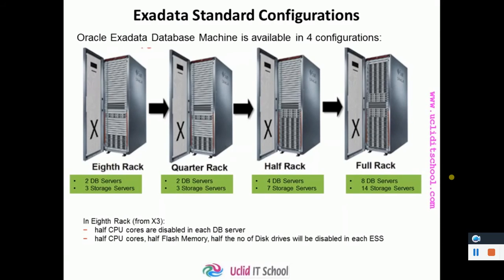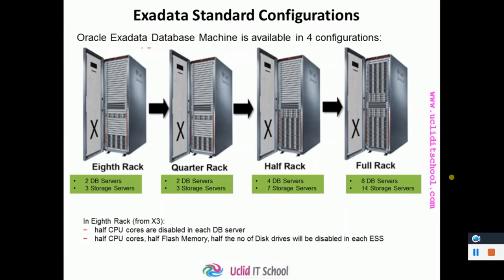That is the full rack. If you order half rack, you will get 4 database servers and 7 storage servers. Whereas in quarter rack and 8th rack, you get 2 database servers and 3 storage servers.